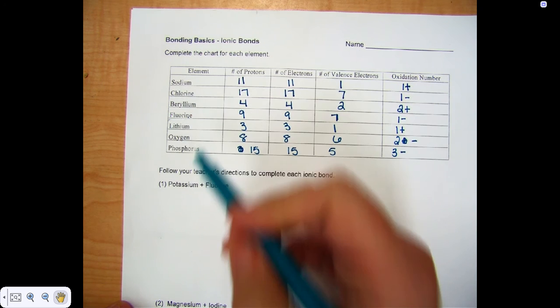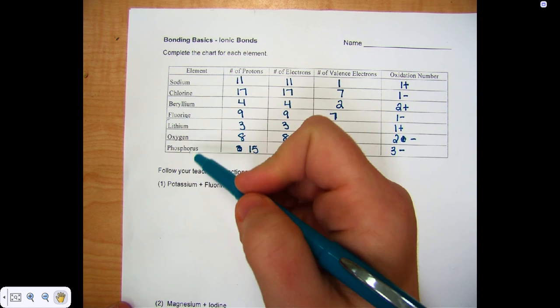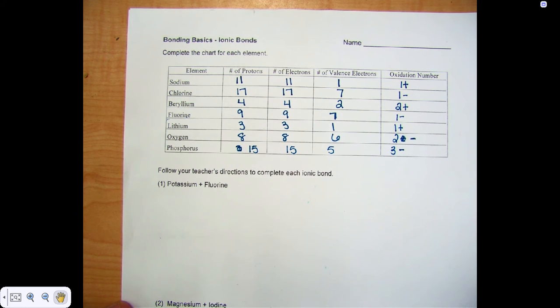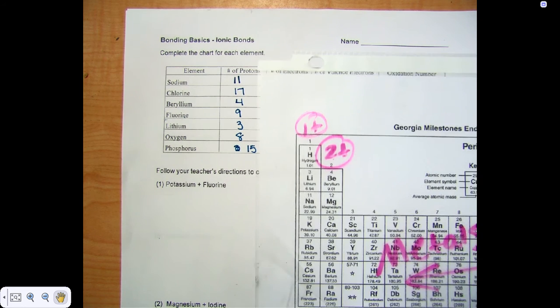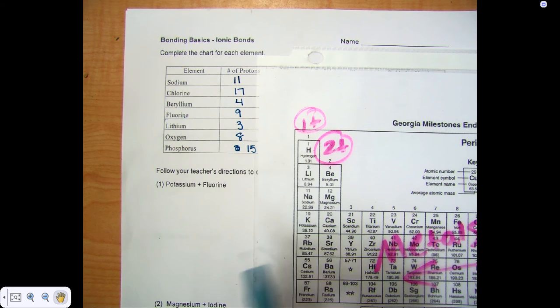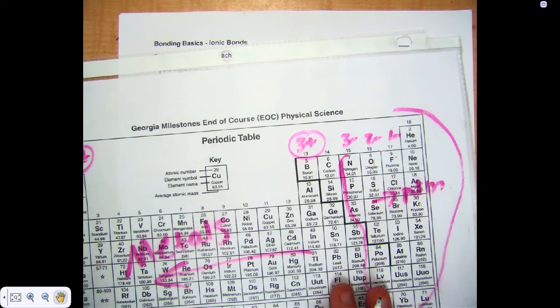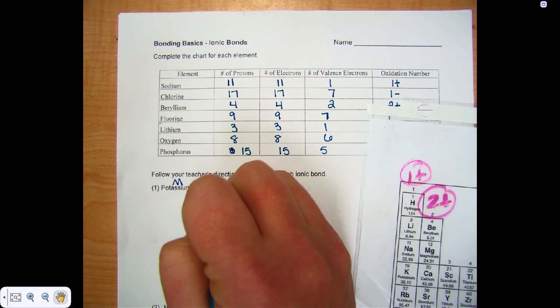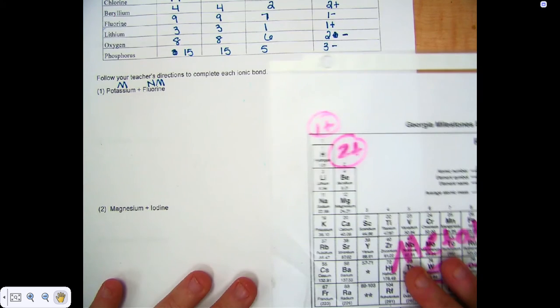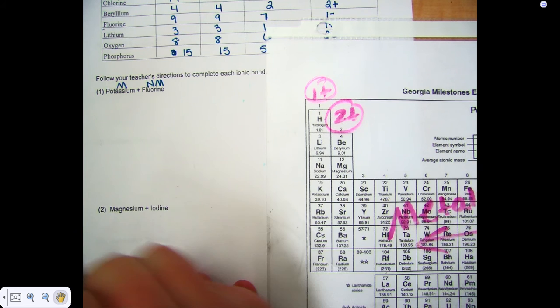So let's just start right here. Potassium: if I look at my periodic table, potassium is on the left side, so potassium is a metal. Fluorine is on the right side, so it's a non-metal. Magnesium is a metal.